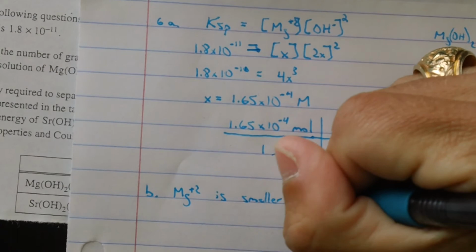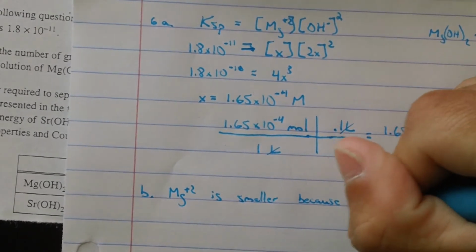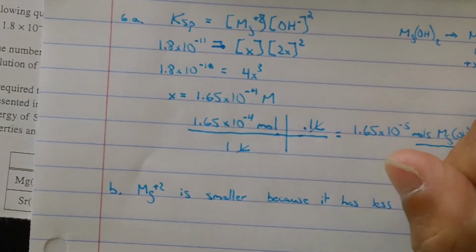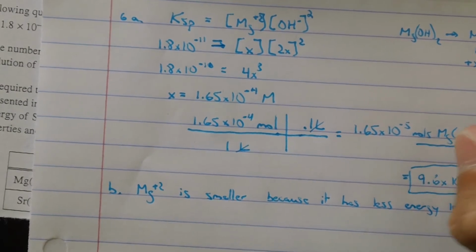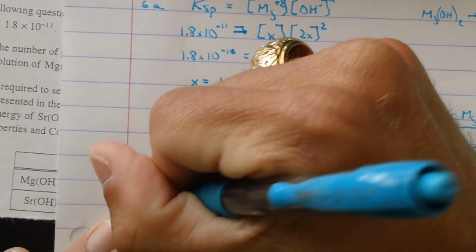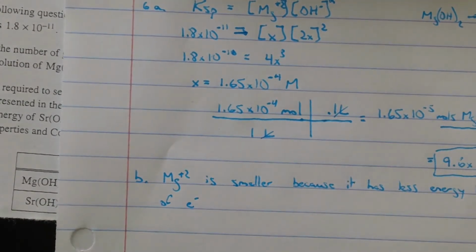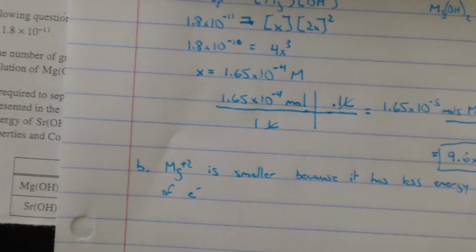Why? Because it has less energy levels of electrons. That's your first point. You get a point for the comparison of the size of magnesium to the size of strontium. Good.